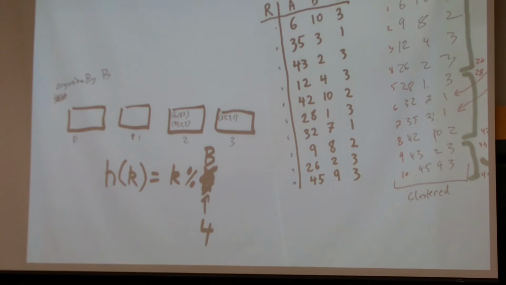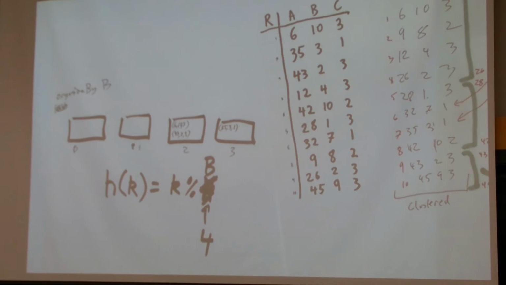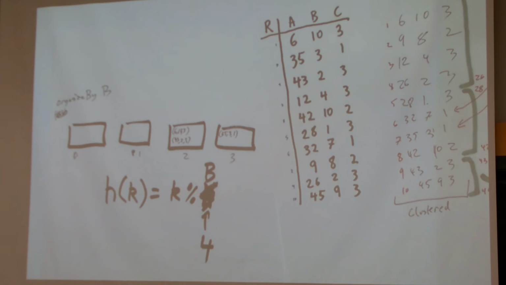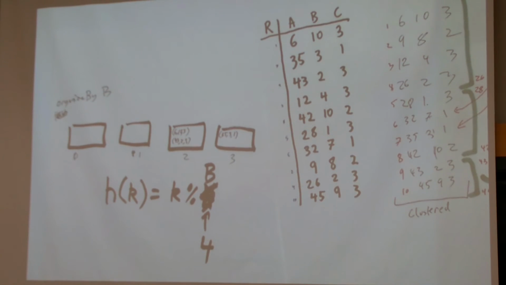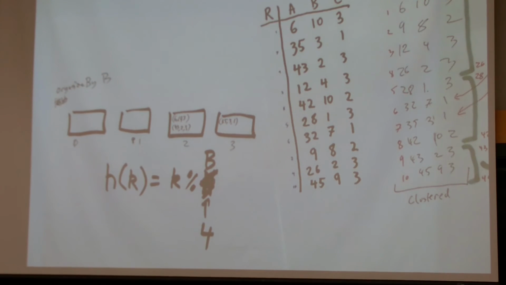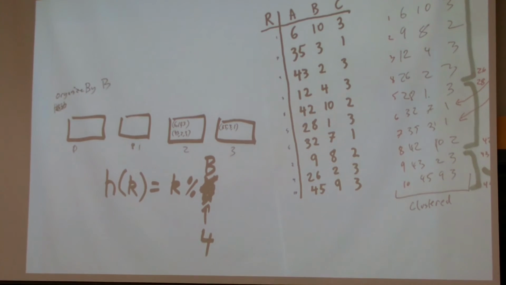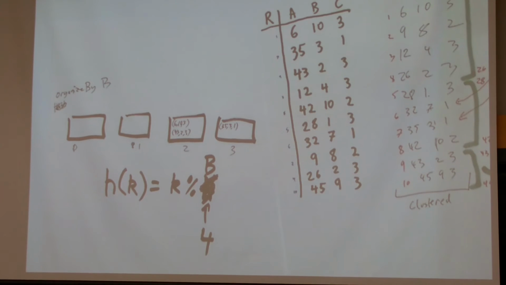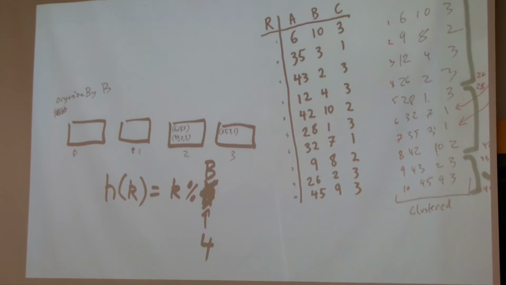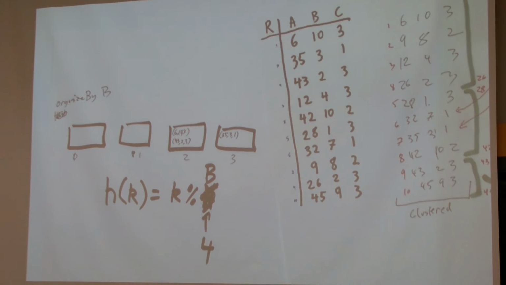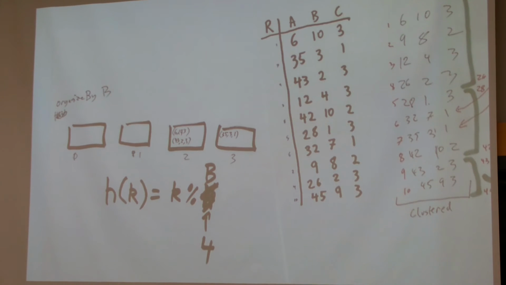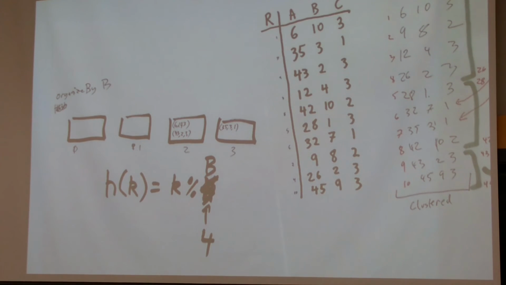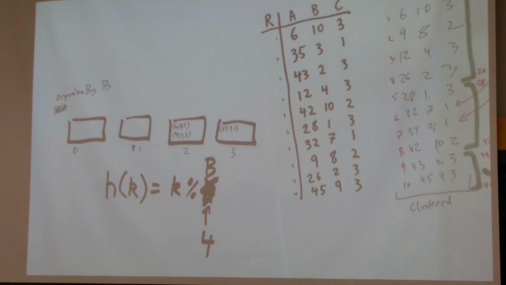Now let's say I wanted to do a lookup on records where B is equal to 7. What would I do? You would look in bin 3. I'd look in bucket 3 or bin 3. So 7 mod 4 is 3. The hash value gives me back the number 3.